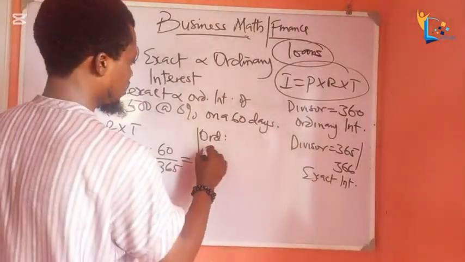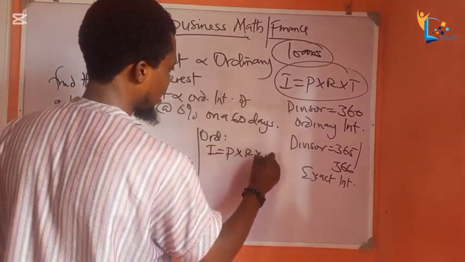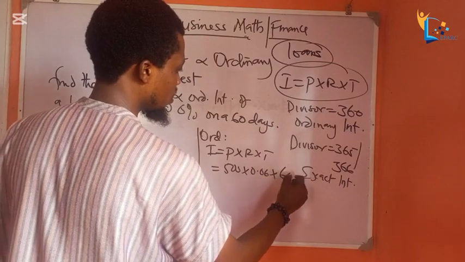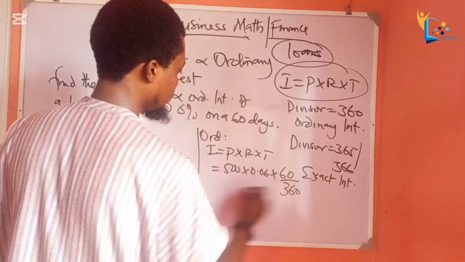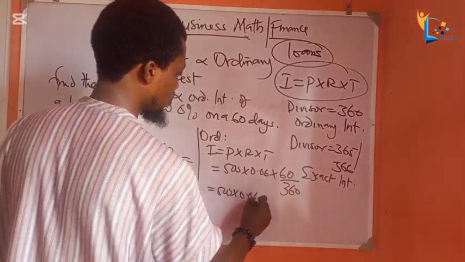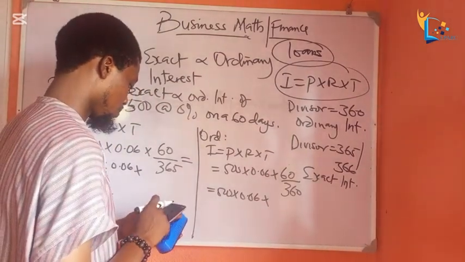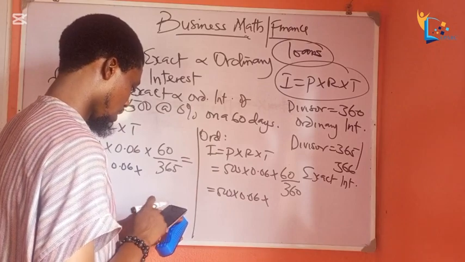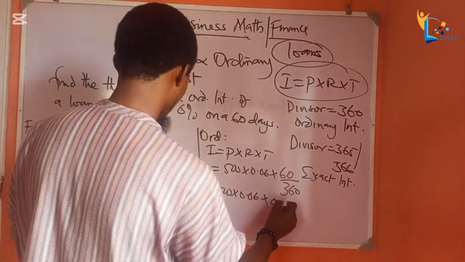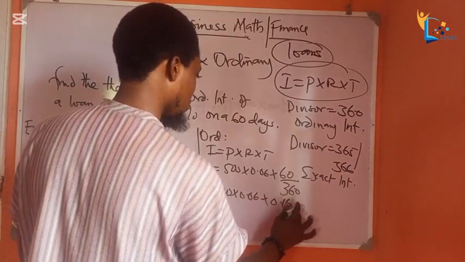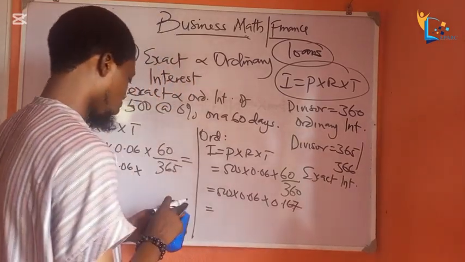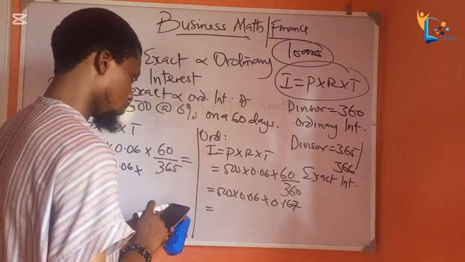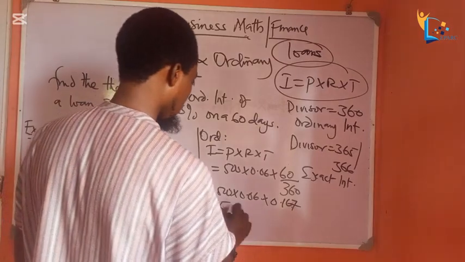Now let's solve for ordinary. Ordinary will be simple interest equal to principal times rate times time, so we have 500 times 0.06 times 60 all over 360. 60 divided by 360 is 0.166, or let's say 0.167. So 500 times 0.06 times 0.167 is equal to 5.01.